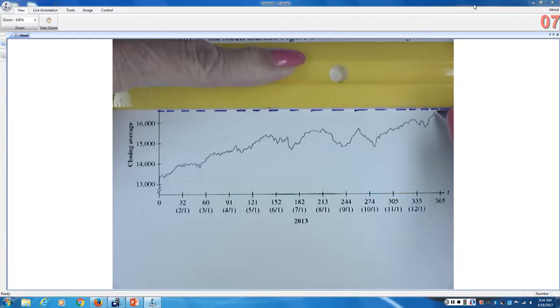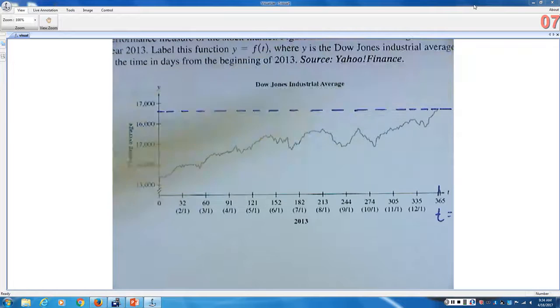And knowing that this is the highest value, so T is going to be 365. It looks like that it's about 16,600. But if you told me it was 16,500, I would buy that.